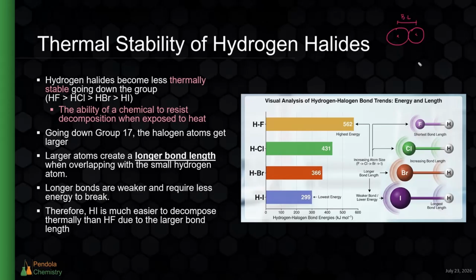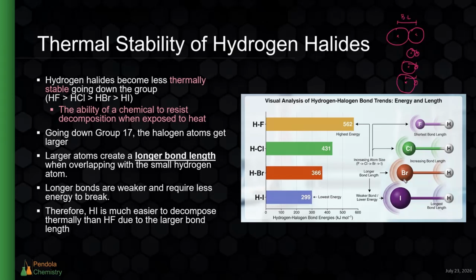One of the atoms is always hydrogen, but the other atom is a halogen that, as we go down the group, gets larger and larger, so the bond length is going to increase as we go down the group. So we can see it more clearly here.